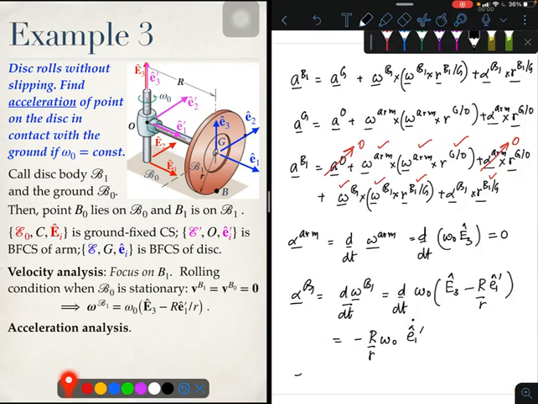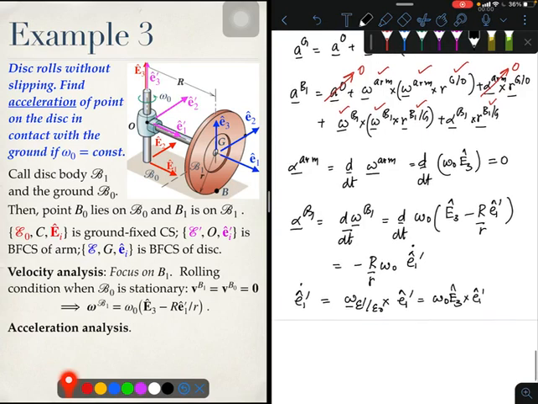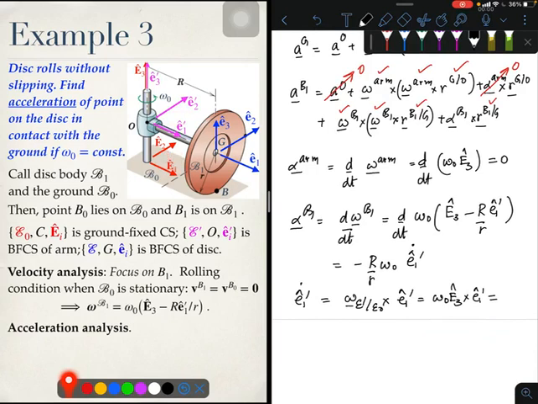So therefore, E1 prime dot is omega of E prime with respect to E0 cross E1 prime, which is omega 0 E3 cross E1 prime, which at this moment E1 prime is along capital E1, so that this becomes minus omega 0 capital E2.